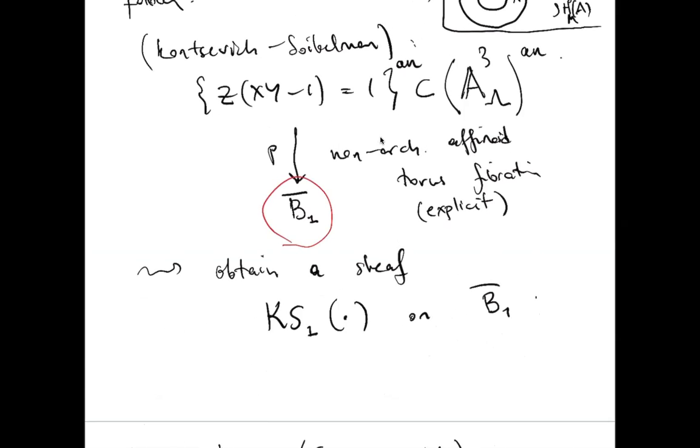So above B1, there's this non-Archimedean analytification of this non-Archimedean affine variety, and it admits a continuous map to the base B1 bar. And Kontsevich and Soibelman explicitly computed this sheaf on the base.